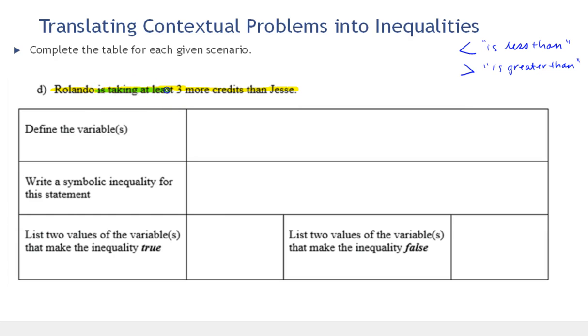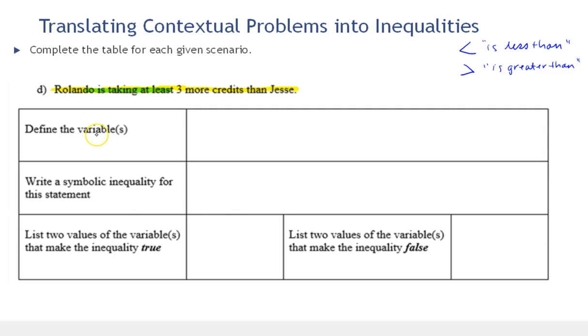So "is taking at least 3 more credits than Jesse." So we had to extend the "is" to cover the "at least" part. Okay, so this is going to be our connective. So we always have to look for "is" with just "is," and it's an equation. We need "least" or "greater" or "less than" or "more than" as part of our connective.